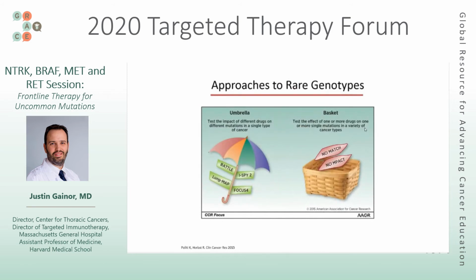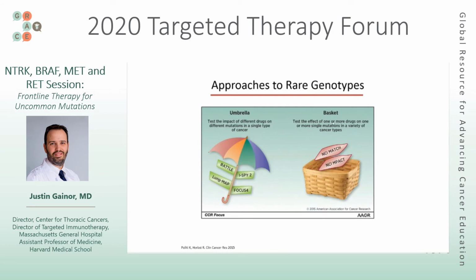But it also raises the question, if you have a genetic change that's so rare, 0.24%, how do you study that? Some of you may have heard of the different types of clinical trials. And this is what leads me to the concept of a basket study.